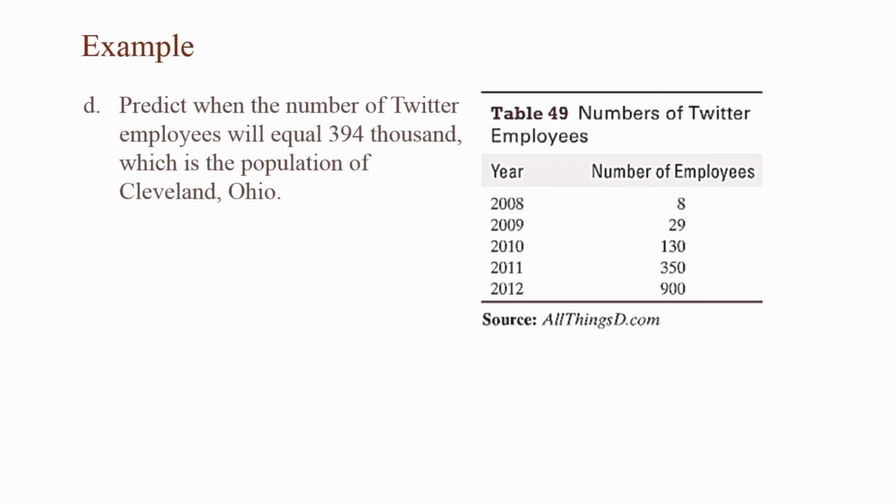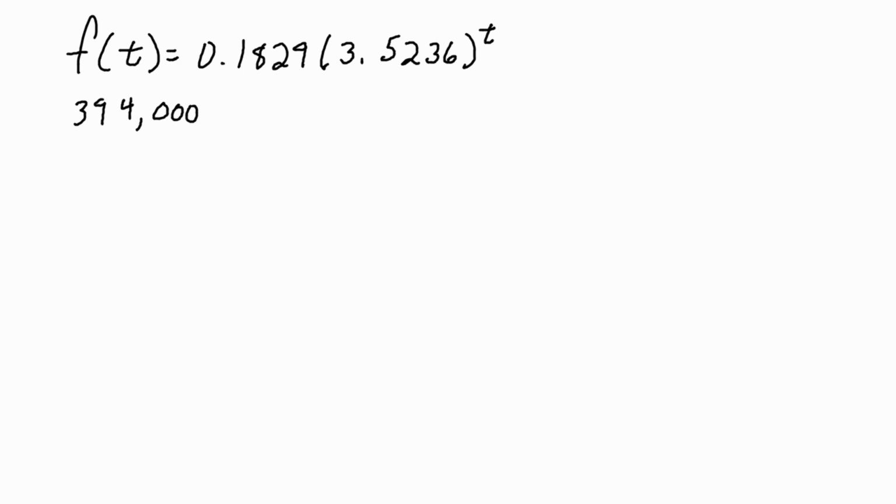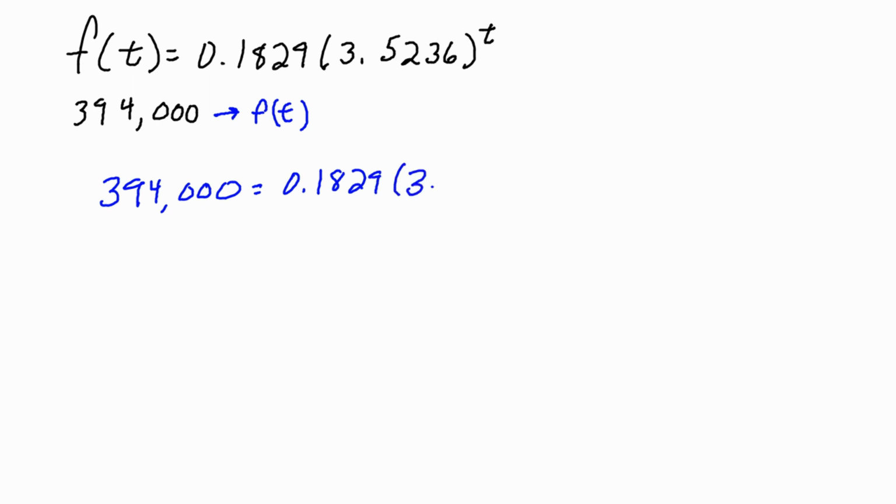In part D of this example, predict when the number of Twitter employees will equal 394,000, which is the population of Cleveland, Ohio. So going back to our formula, 394,000 is going to be our f of t. So substituting, we have 394,000 equals 0.1829 times 3.5236 to the t power.